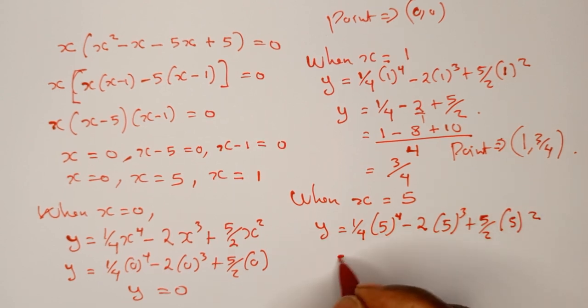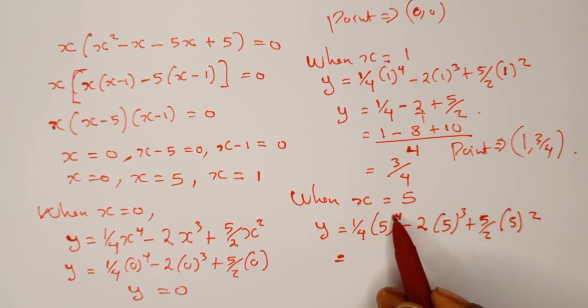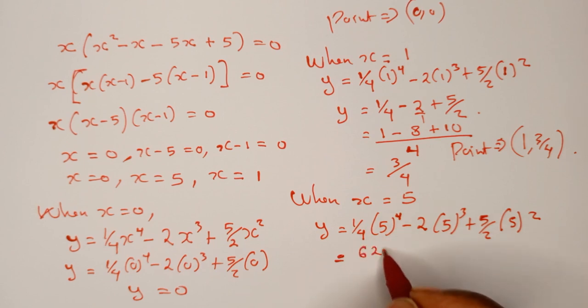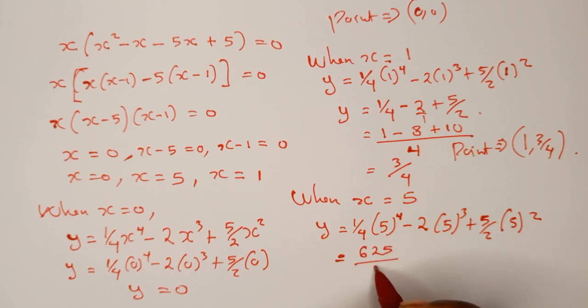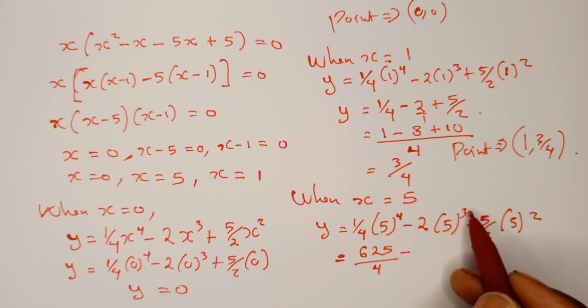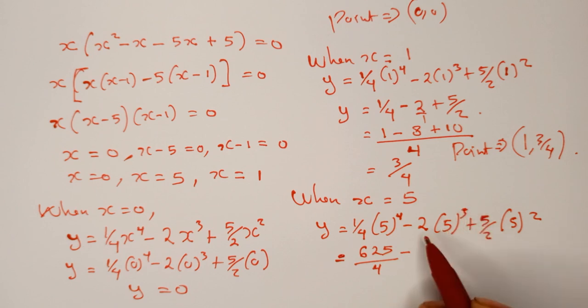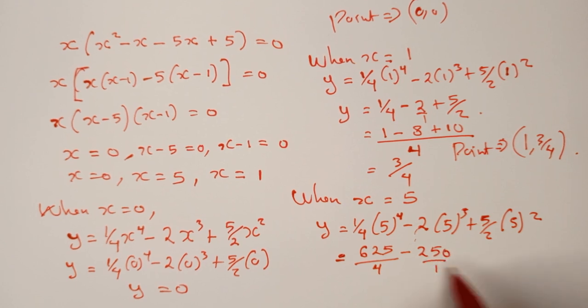So if you simplify this one, 5 raised to 4 is 625. So we're going to have 625 over 4 minus 5 raised to 3 is 125, times 2, it is negative 250, so you can say over 1 plus, so 5 raised to 2 times 5, that will give you 125 divided by 2.